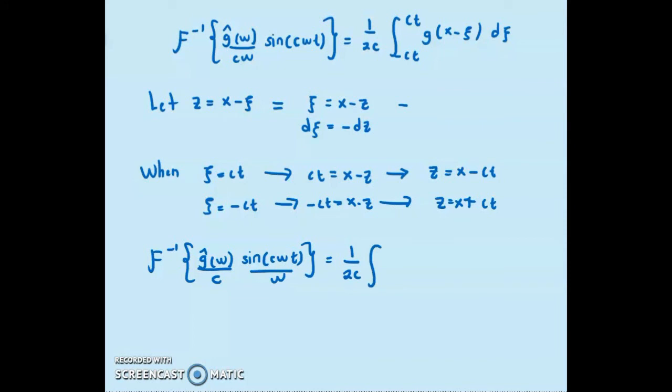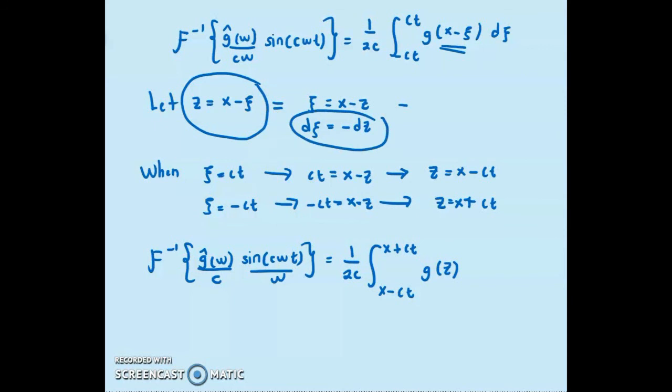Now negative ct changes to z, so the limits are x minus ct and x plus ct, of g(z), because x minus psi is z, and this is negative dz.